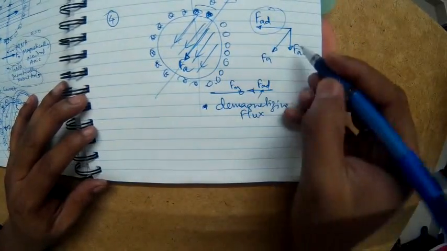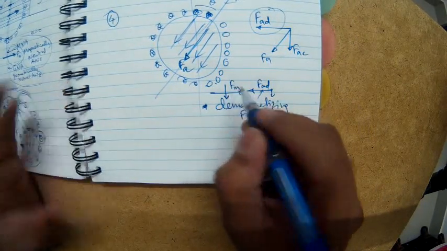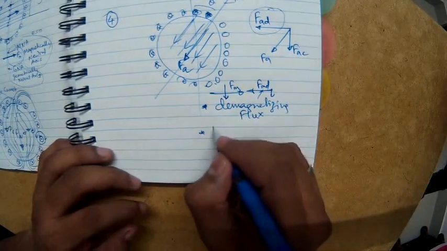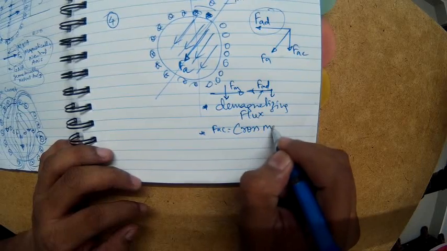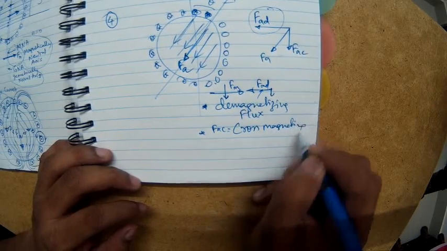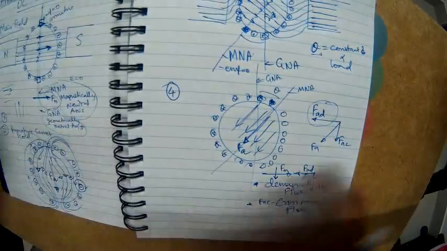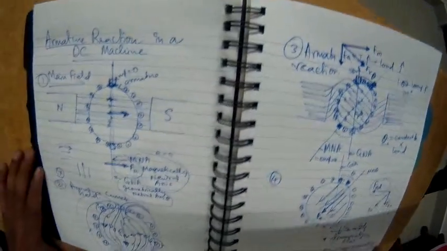Whereas FAC, you notice, is exactly crossing the main field, so it is distorting. FAC is nothing but the cross magnetizing flux.